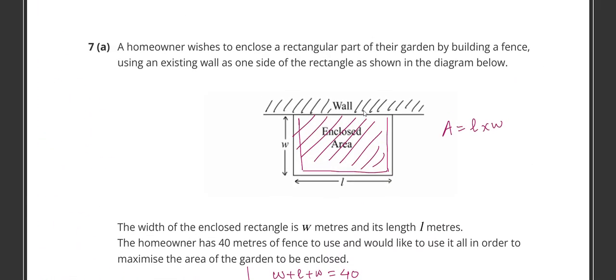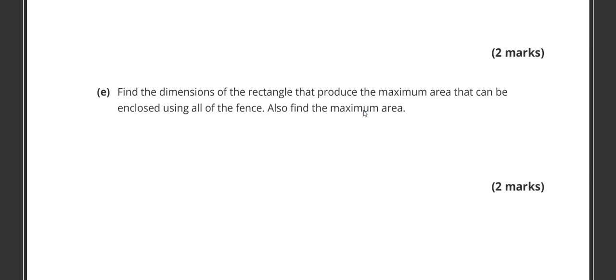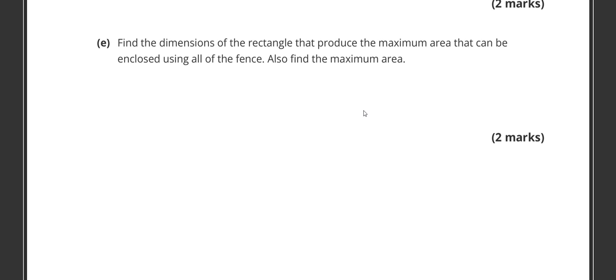It is in meters. Then he says find the dimensions of the rectangle that produce the maximum area that can be enclosed using all the fence. Also find out this maximum area. You know that dimensions mean length and width. We already know the value of the width at maximum. That was 10.